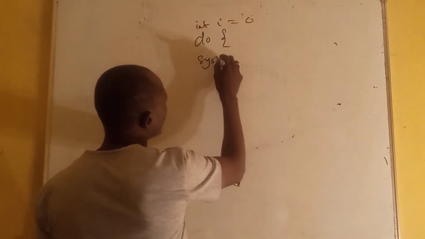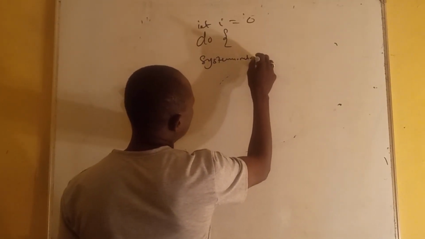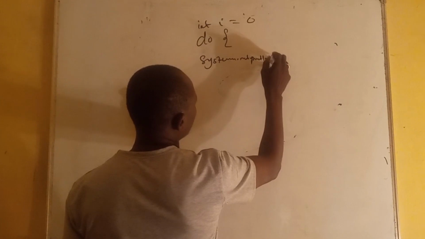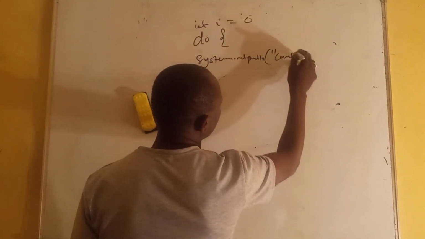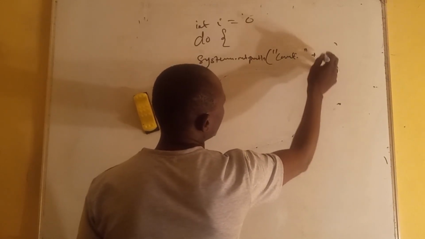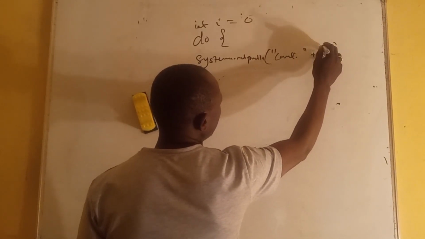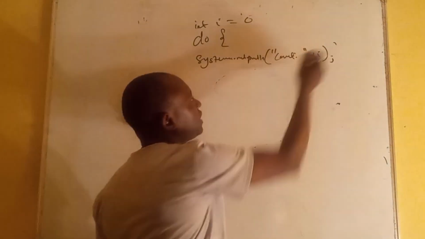System.out.print, then you have count again. You close the quote, you concatenate with i, and you are done with this statement here.